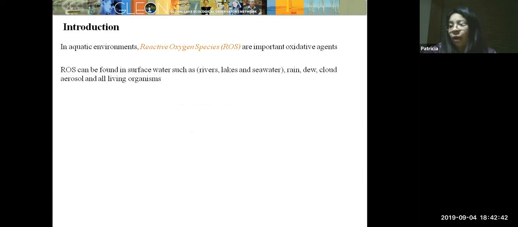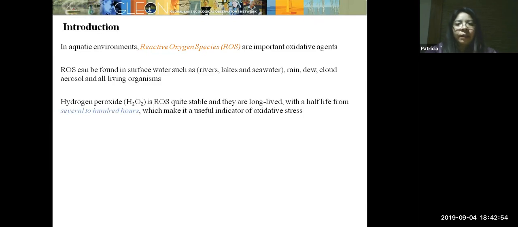You can also find concentrations of ROS in the rain, in the dew, in clouds, in aerosol, and also in living organisms, because they can be produced inside a cell. Hydrogen peroxide is a type of ROS that is quite stable and long-lived, with a half-life that ranges from several to 100 hours. This makes it a useful indicator of oxidative stress because we can measure it.